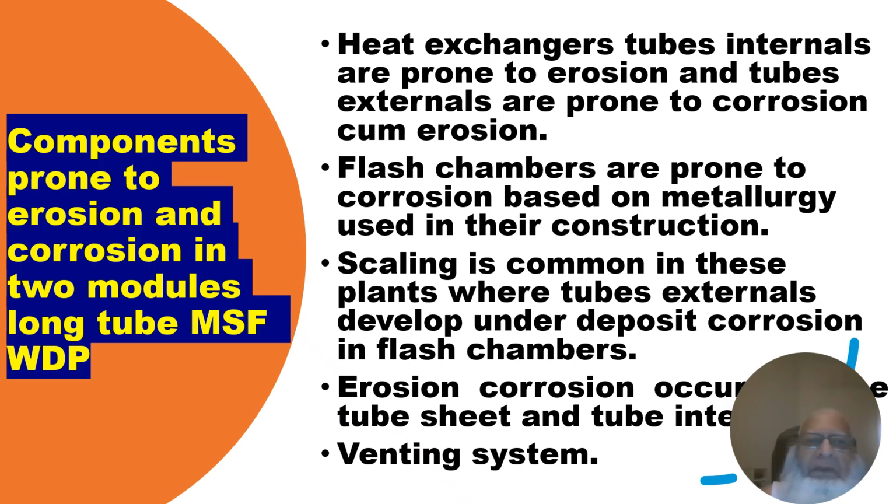Scaling is common in these plants, where tube externals develop under deposit corrosion in flash chambers. Corrosion occurs at the tube sheet and tube internals, and the venting system is also prone to internal and external corrosion.